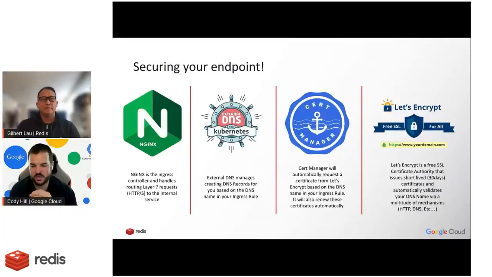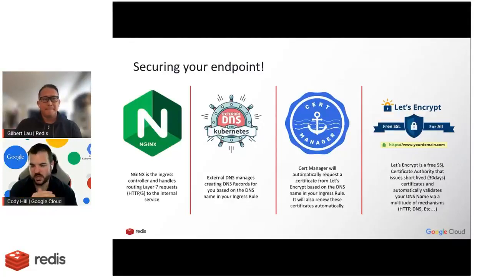So think of it as a layer 7 load balancer inside of your Kubernetes cluster. It will allow HTTP and HTTPS communication, and you create that with an ingress rule. We'll be looking at an ingress rule a little bit later. In that ingress rule, you can also define the name of your website, with a domain.